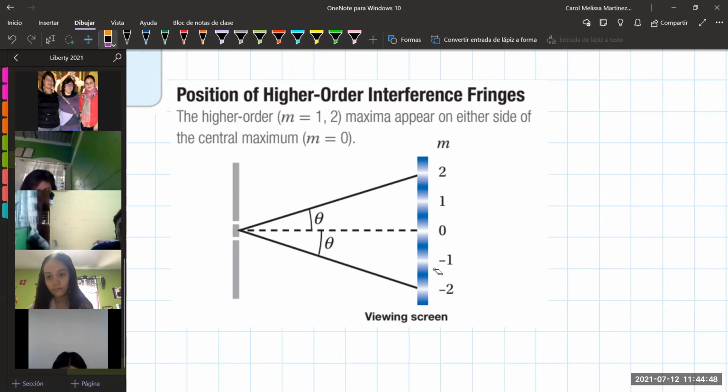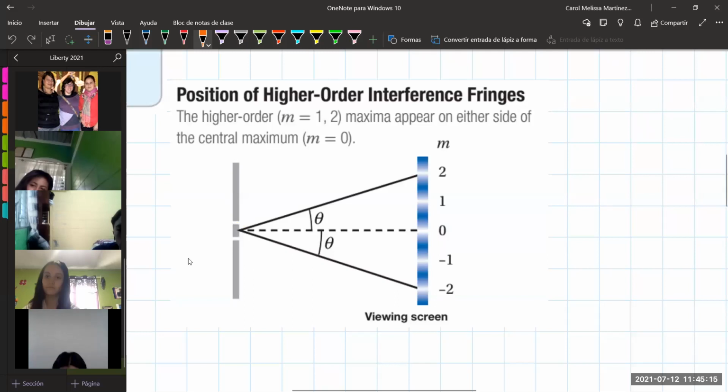The reason is this topic, the interference. Remember that the light is going to pass through the two slits, and then the waves collide and form a pattern, which is this one that you see right here.